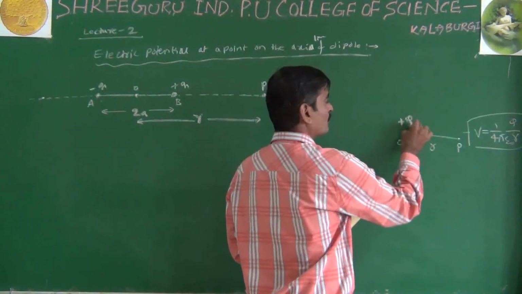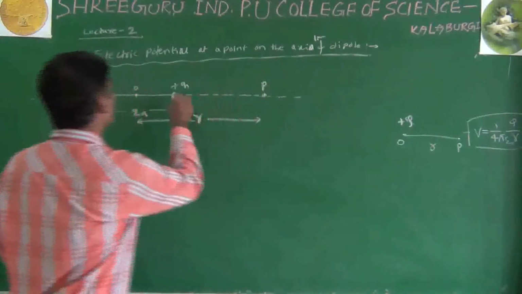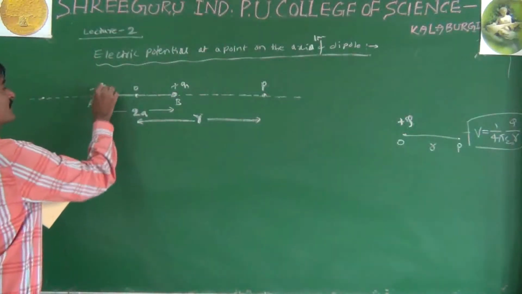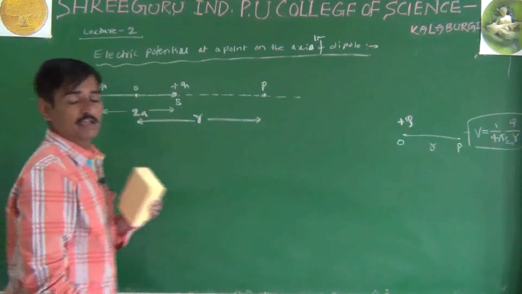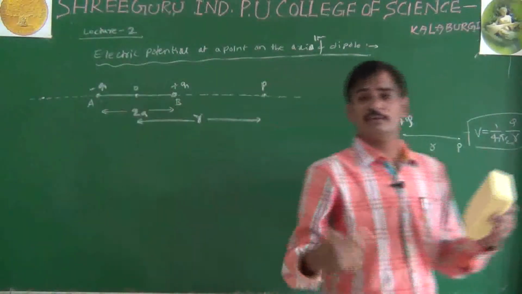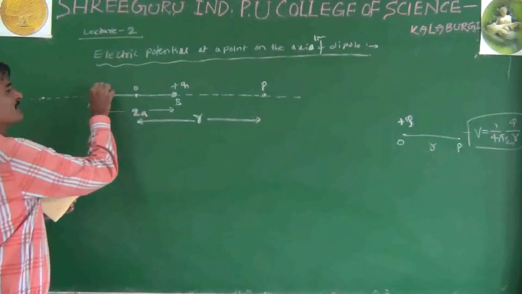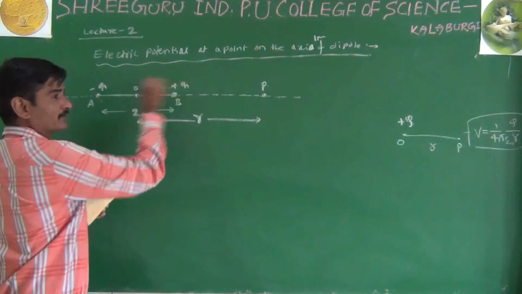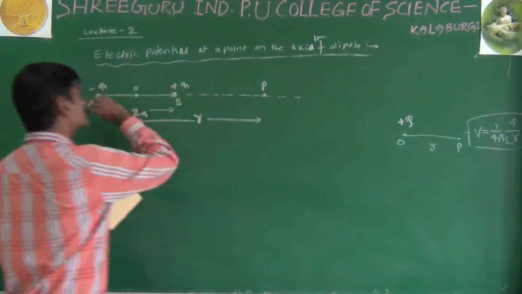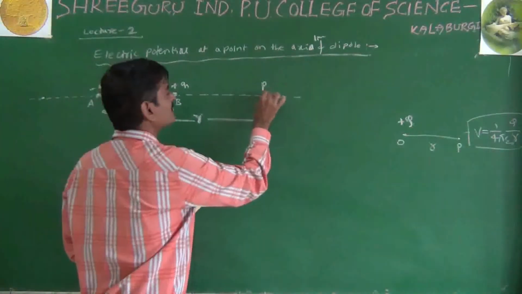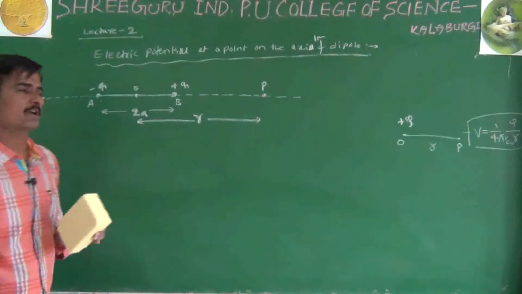That was for only one charge. But now there are two charges, equal in magnitude and opposite in sign, one minus q and one plus q. Due to these two charges collectively, what is the potential at the point P? That we have to determine.